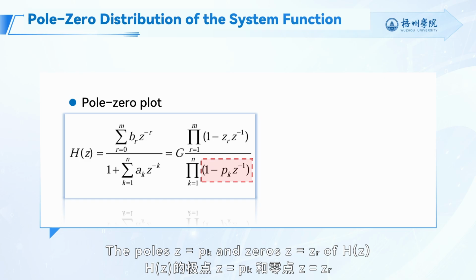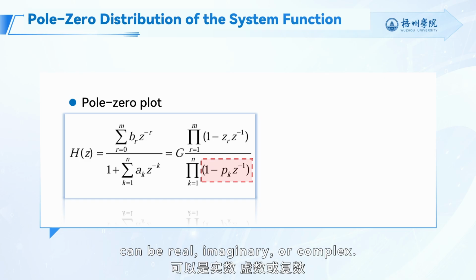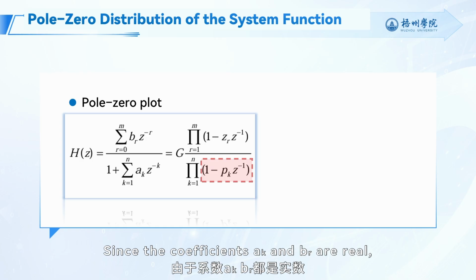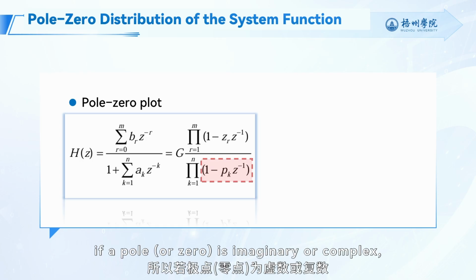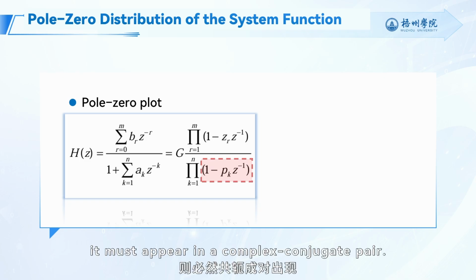The poles z equals p_k and zeros z equals z_r of H(z) can be real, imaginary, or complex. Since the coefficients a_k and b_r are real, if a pole or zero is imaginary or complex, it must appear in a complex conjugate pair.